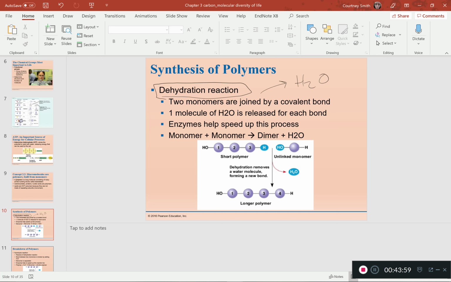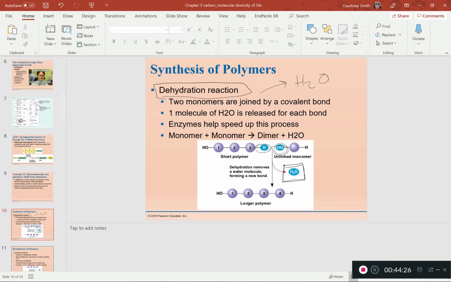Water goes away. So a hydrogen and an OH group from two separate molecules will come together and pop off and make water, and then they will create a longer polymer. They will create a new polymer. Okay, so that's dehydration.